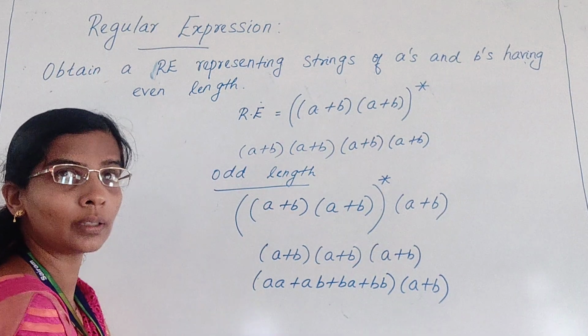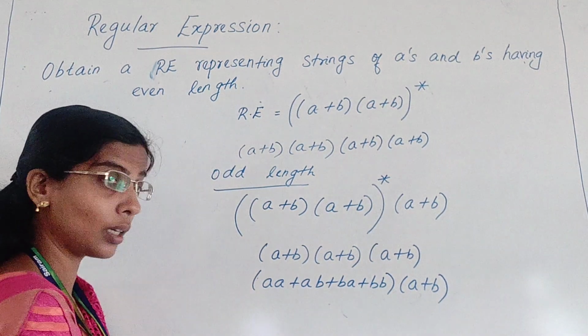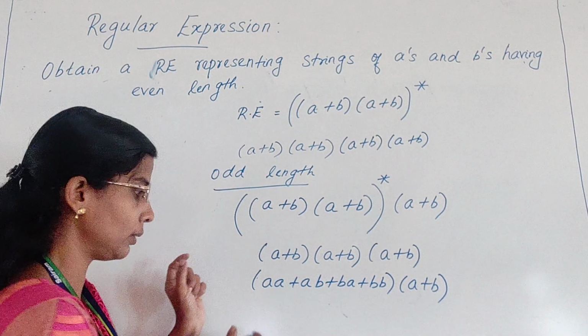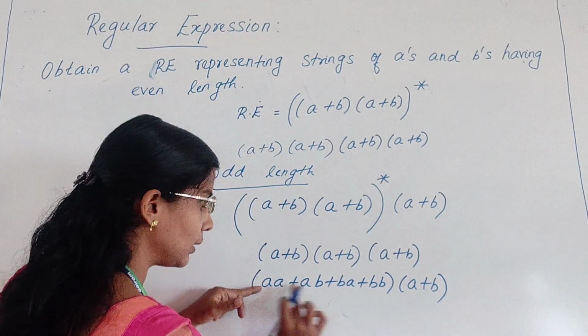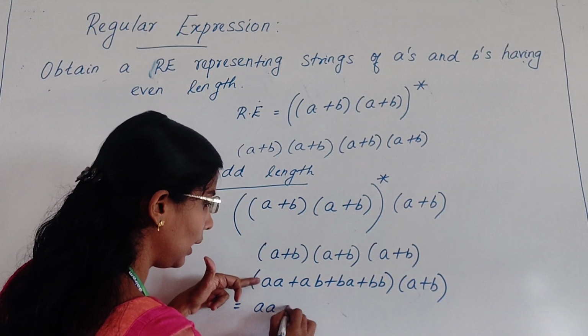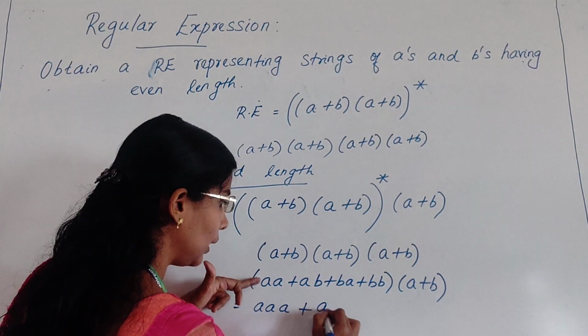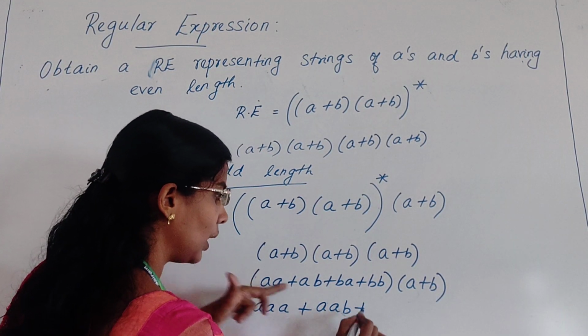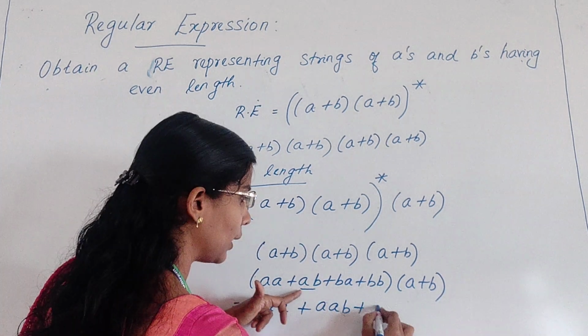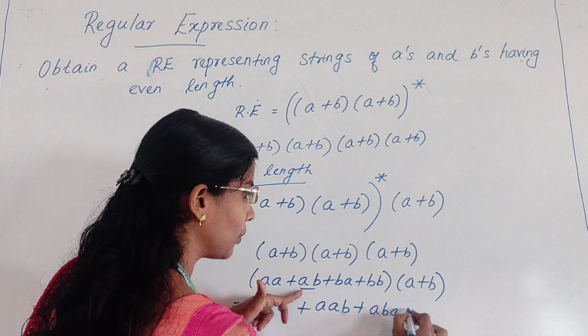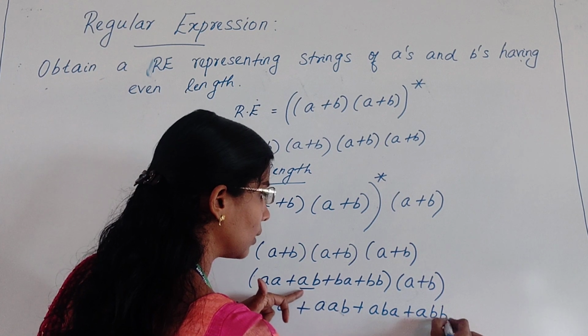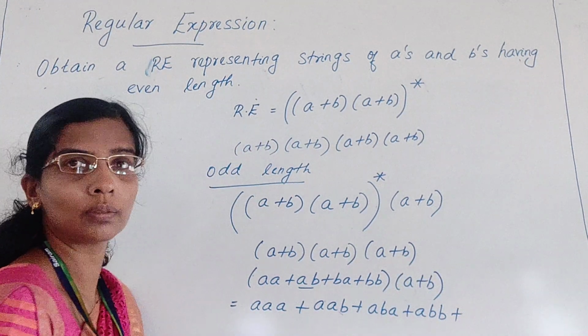Now you multiply, check whether you are getting strings of odd length. Take this, multiply. A, odd length. Then multiply with B. A, B. Then take this and multiply. A plus B. And it goes on.